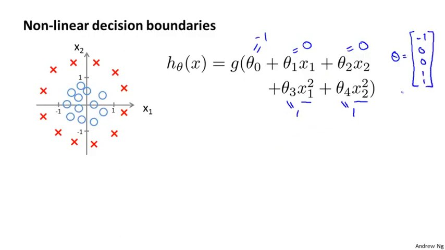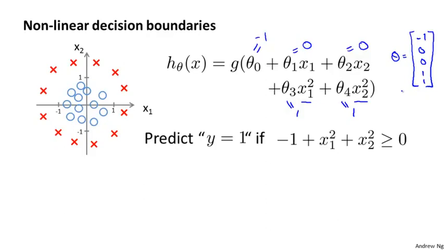Following our earlier discussion, this means that my hypothesis will predict that y is equal to 1 whenever minus 1 plus x1 squared plus x2 squared is greater than or equal to 0. This is whenever theta transpose times my features is greater than or equal to 0. And if I take minus 1 and bring this to the right, I'm saying that my hypothesis will predict that y is equal to 1 whenever x1 squared plus x2 squared is greater than or equal to 1.